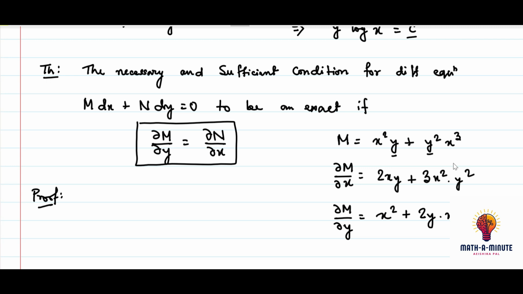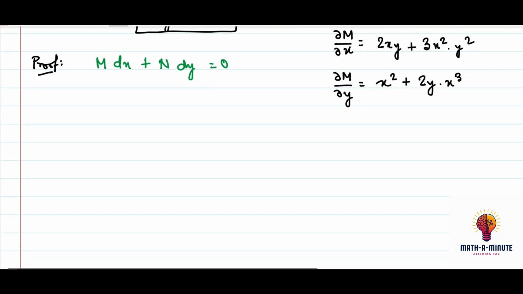Suppose there is a first order first degree differential equation, M dx plus N dy equals 0. By the definition, we know that if this equation is an exact equation, then we can write this differential equation in the format of d.